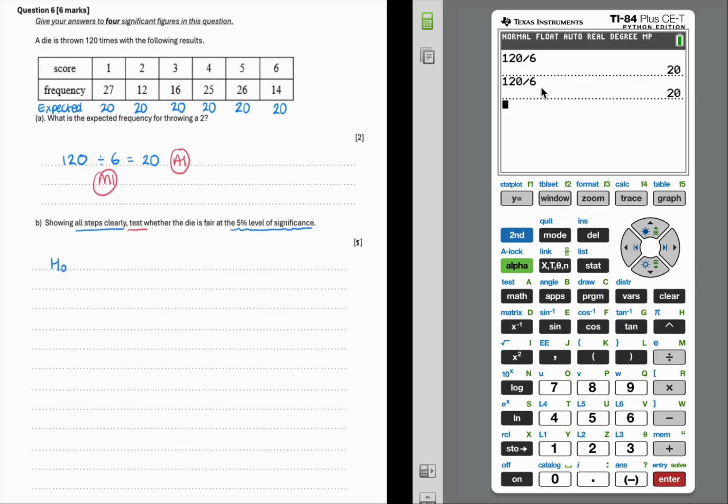The first thing we need to do is write down what we expect the null and the alternate hypothesis to be. We know that we have to state a hypothesis before we can do a test. The null hypothesis is that the dice, or the values that it can land on, is fair and therefore fits into a uniform distribution. So the dice is fair, or you can say follows a uniform distribution.